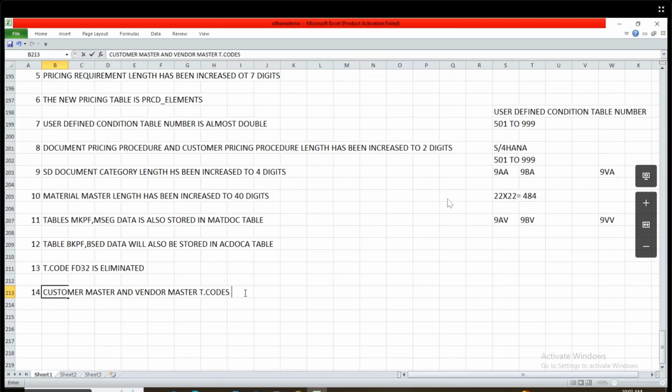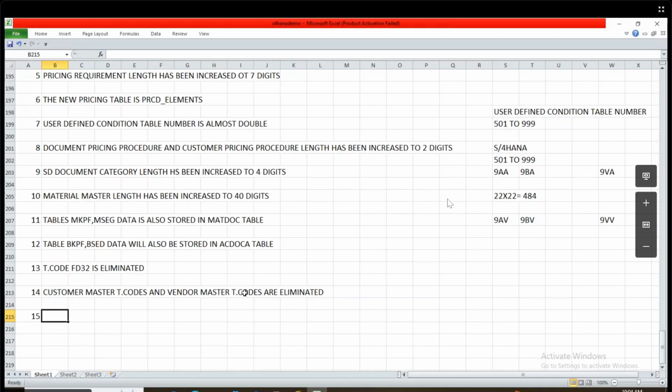Customer master creation, create, display, change, and vendor master T codes are eliminated. Okay. So what are the T codes that we'll discuss next? When we start the subject, we have so many T codes for customer master and vendor master.